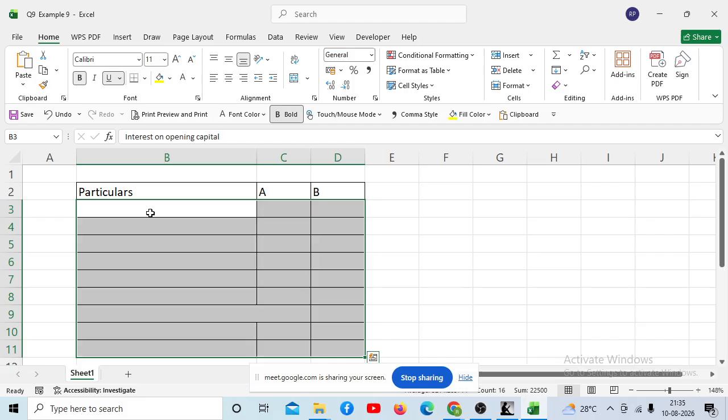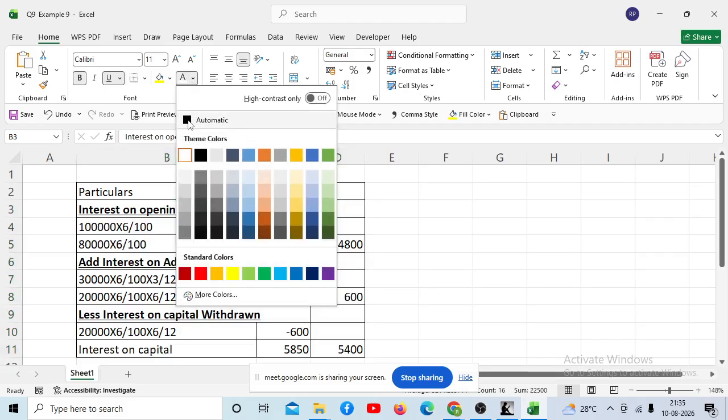Then whatever additional capital they have introduced, we will add that also, because that money also they had given to the firm, so on that also the firm will give interest to them. And then finally, whatever capital they had withdrawn, we will calculate interest on that, but that interest we will subtract, because that is not to be given to them, right? So first we will calculate interest on opening capital.